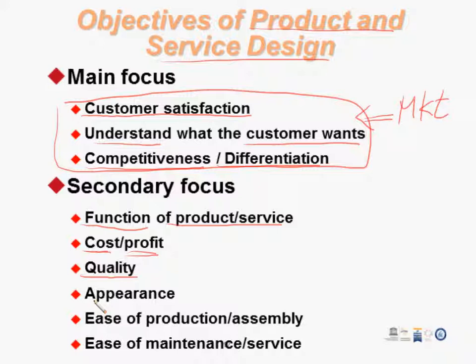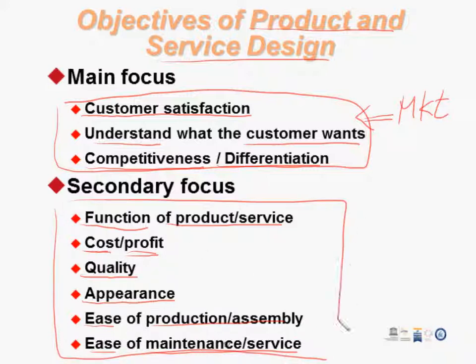So sometimes some designers also consider outside appearance, and also they may think about ease of production, ease of maintenance and service, and so on. All the second part is like the focus of engineers. Okay, this is the operation and engineering point of view. The last one is more like a customer point of view.